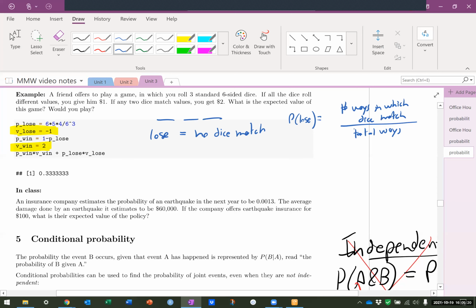If you're rolling 3 dice in order, which is the easiest way to think about it, there's 6 times 6 times 6. That's the total number of ways to roll 3 six-sided dice, right?